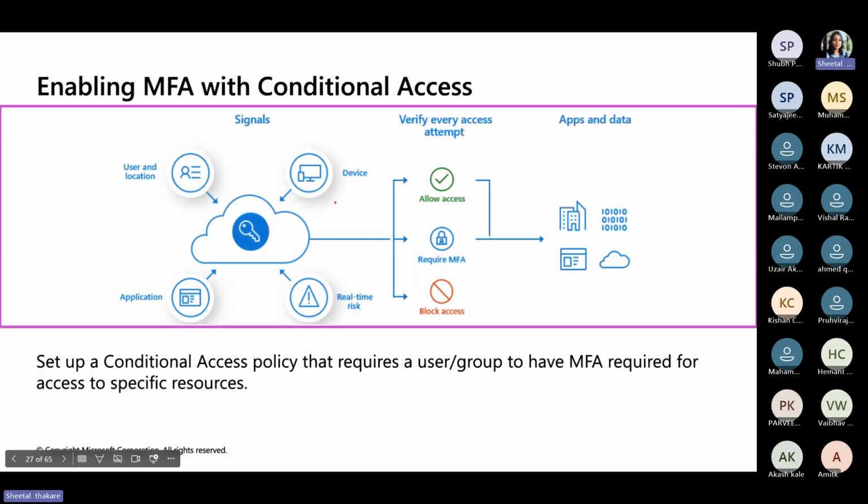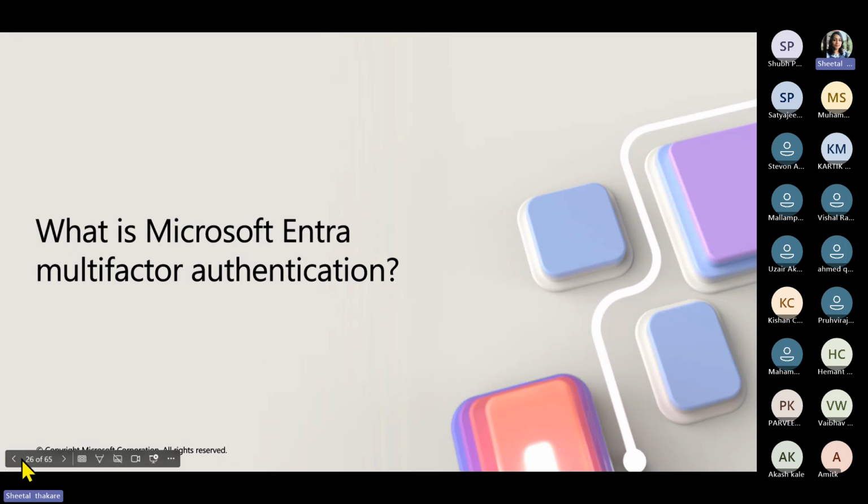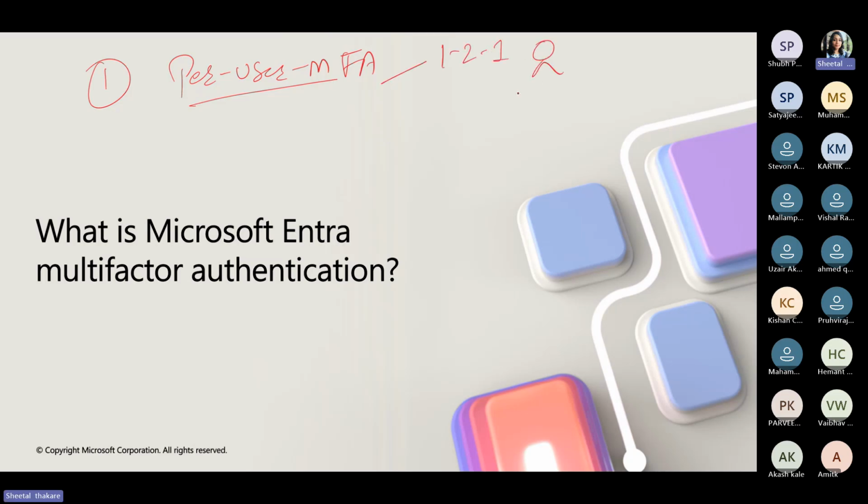What are the different ways of enabling MFA? So there can be per user MFA. One way is per user MFA. One to one for a user, you can change it. You can select multiple users and assign this MFA.